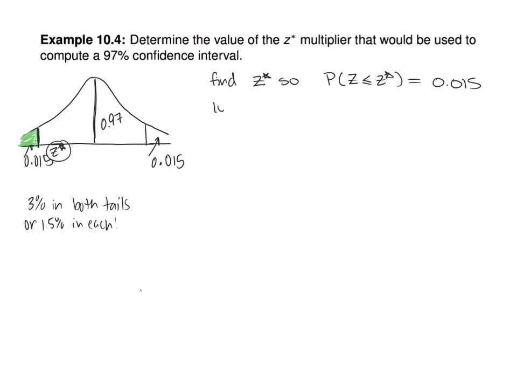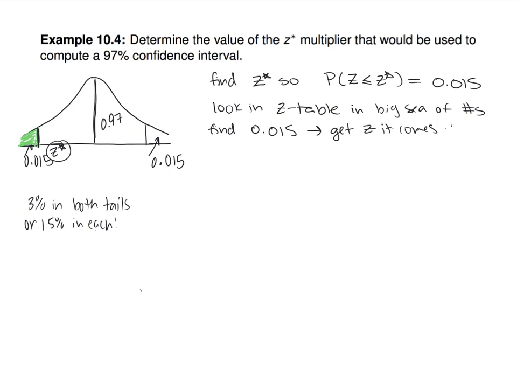What you do now is look in a z table, and you're going to have to look on the negative side. In the big old sea of numbers, find 0.015 and then get the z it comes from.